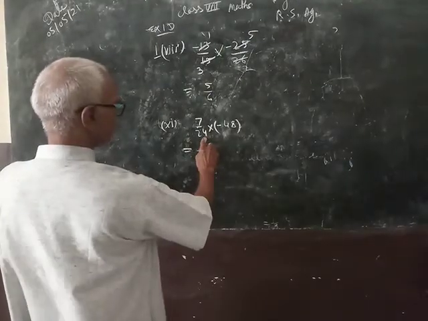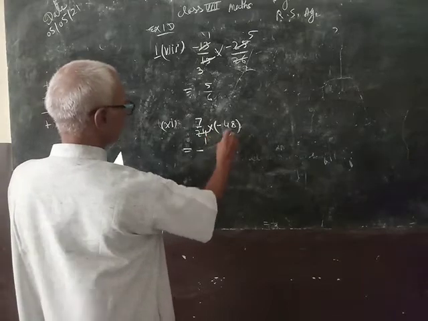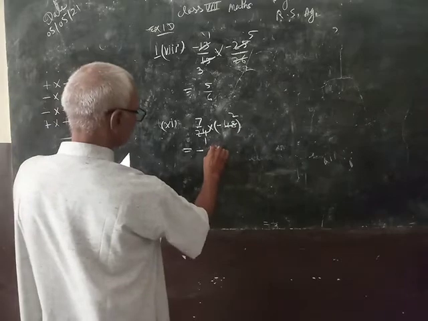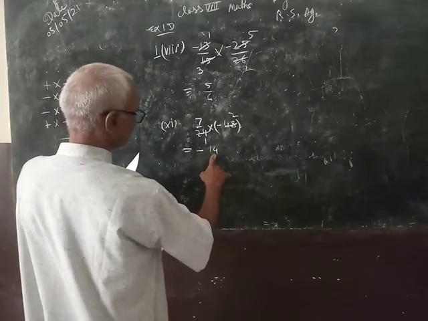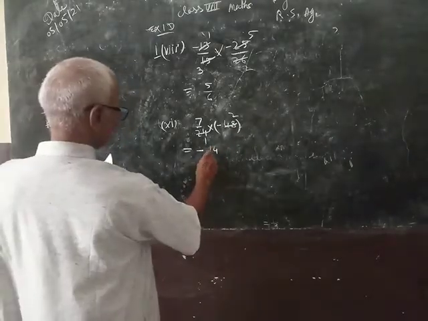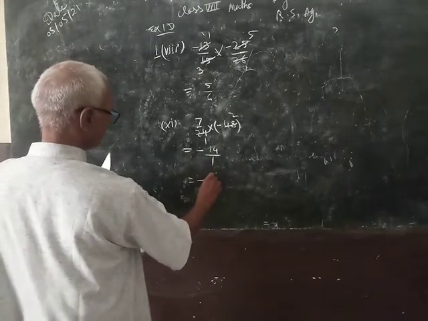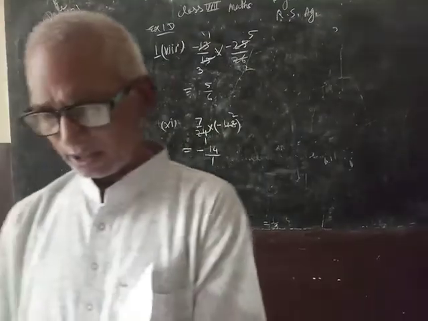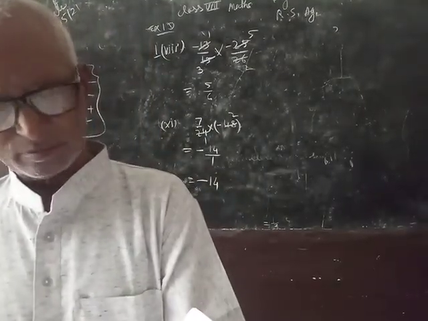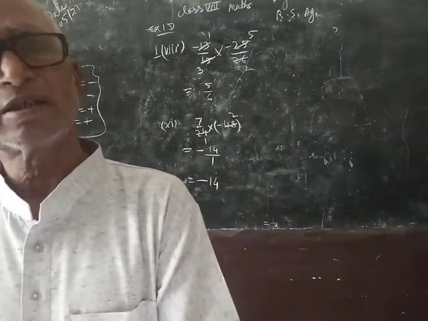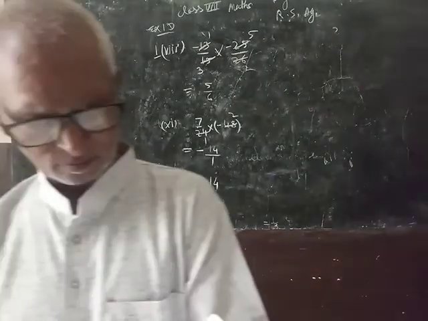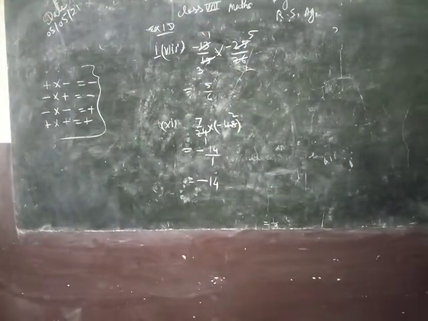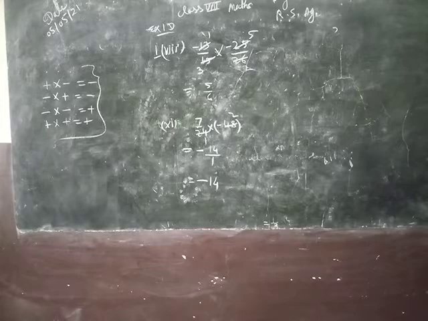And here see, 24 twos are 48. So it is 1 and 2. So the result is 7 twos are 14. It is minus 14, because below is 1. You can write it in one step, but the answer is minus 14. Because if anything is divided by 1, the result is the number itself which is divided. So the first question of exercise 1D is finished here.